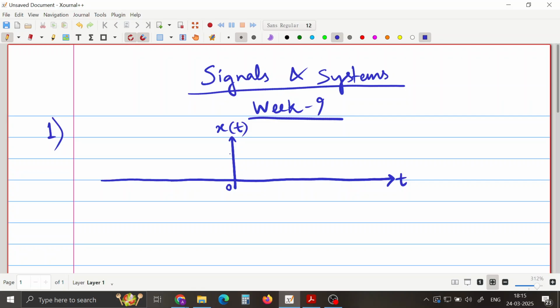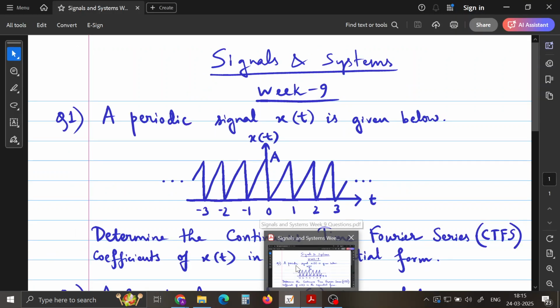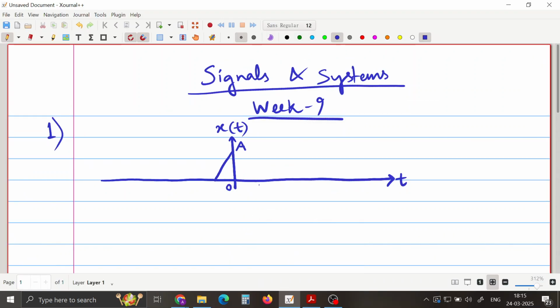It has this kind of appearance. The height of every triangle is a units. If you go back to the question, its height is a. And every triangle is 1 unit wide on the time axis.